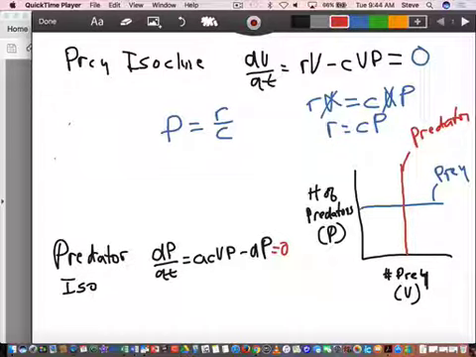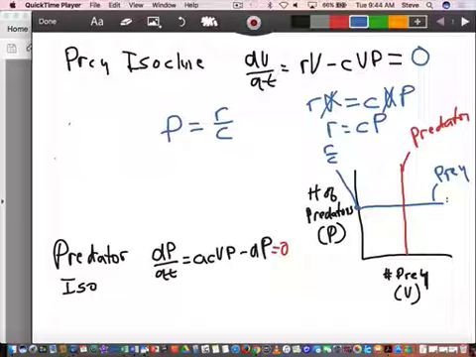You'll see on the graphs that are coming that the equilibrium point on this axis right here is R over C. That's that point right there on that axis. You can see this is the prey isocline right here.